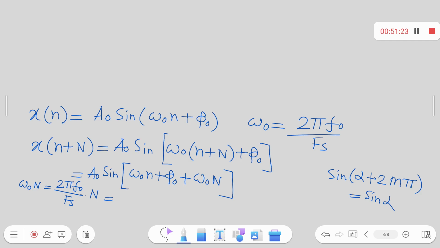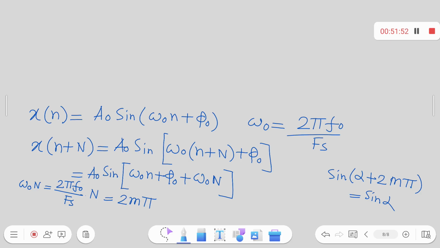But m has to be an integer. Remember, m has to be an integer. m cannot be a fraction. Sine of alpha is equal to sine alpha plus 2m pi. So here, if this omega naught N can be represented as 2m pi, then only you can say that.